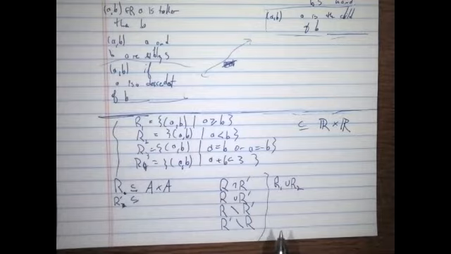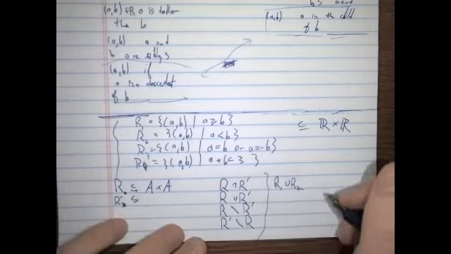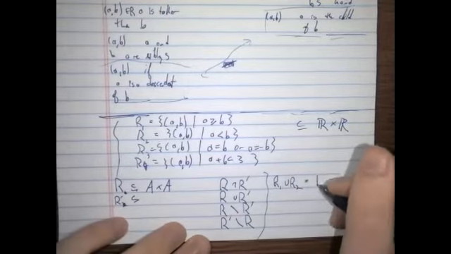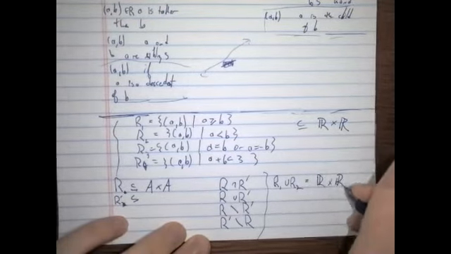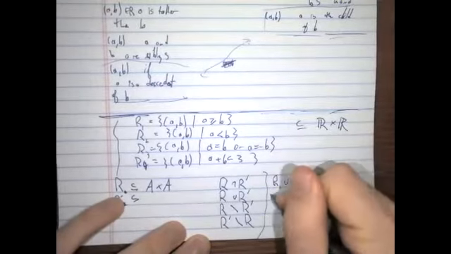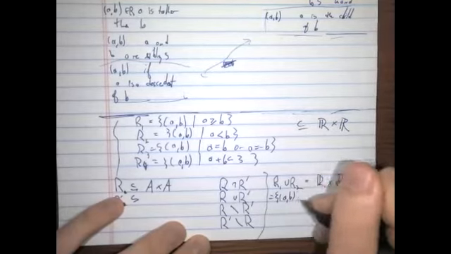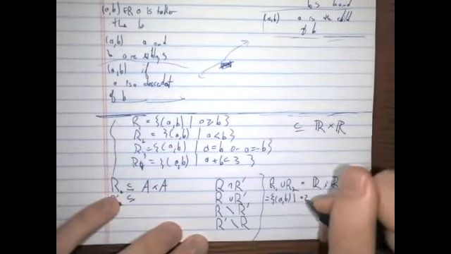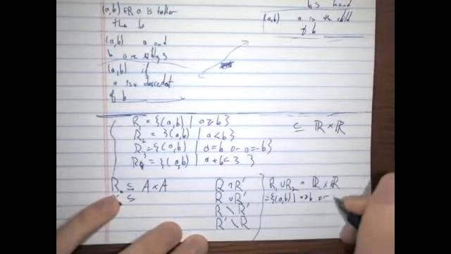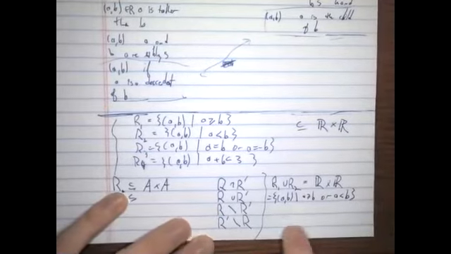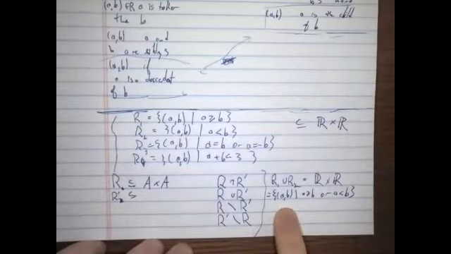Yeah, this is the relation of all of the pairs of reals. R1 union R2 is equal to R cross R, or perhaps better, this is the set of all tuples A comma B such that A is greater than or equal to B or A is less than B. But this turns out to be everything, right?